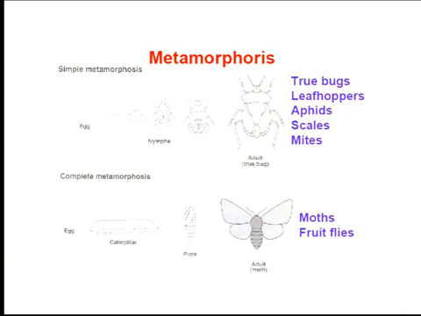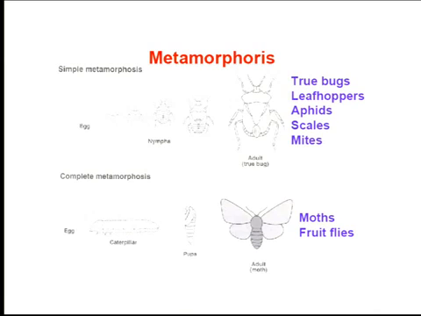So here you can see with simple metamorphosis, the typical leafhoppers, the scales, the aphids, all those Homopteran insects. Basically, they go from egg to adult, but the nymphs that you can see, the immature stages, are very similar to the adult. Whereas here, you could say, well, this is a chinch bug, definitely.